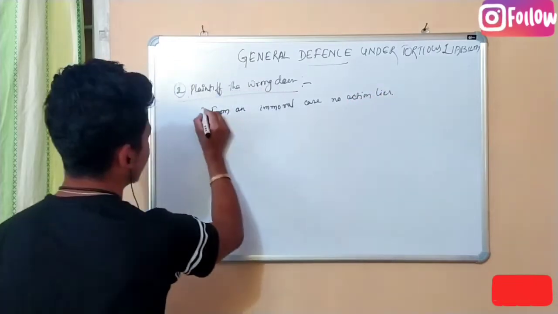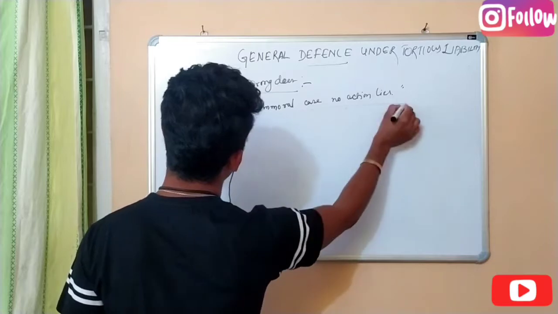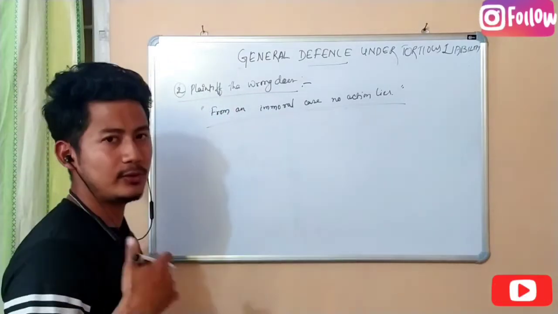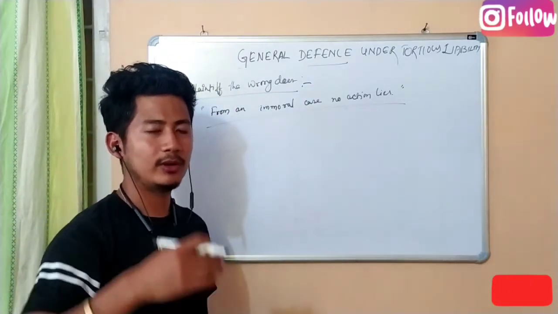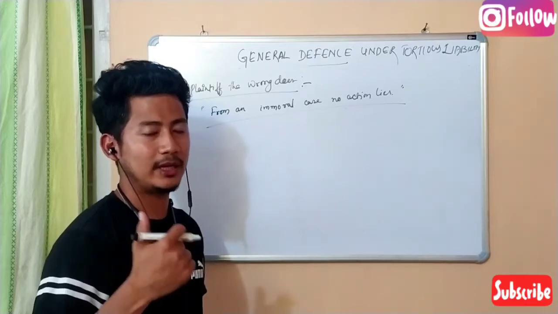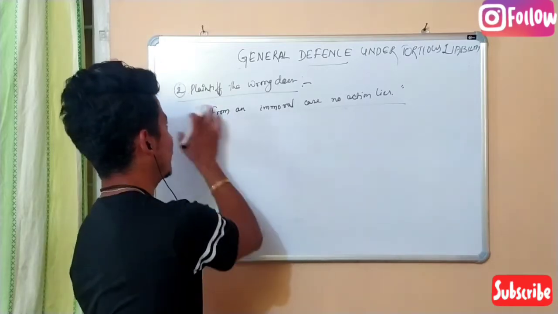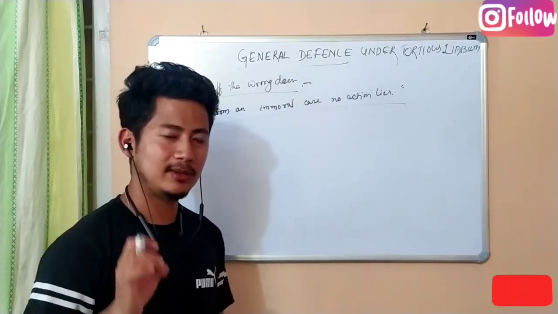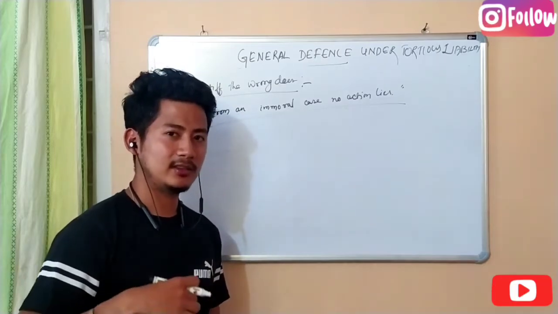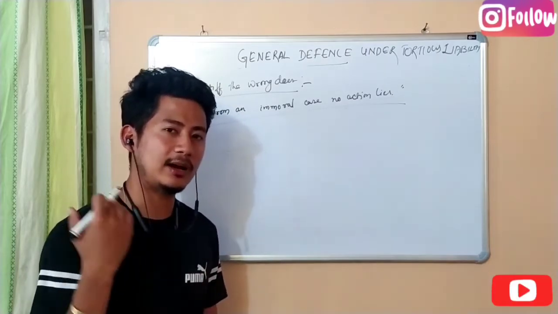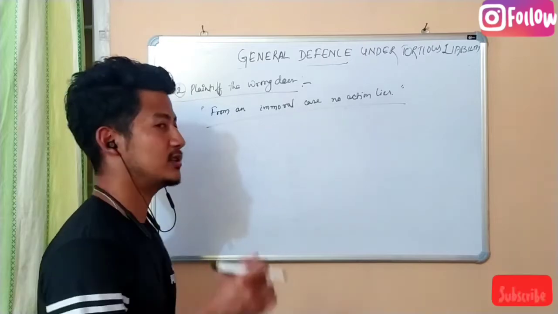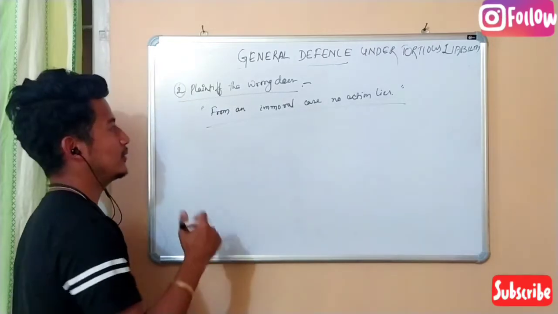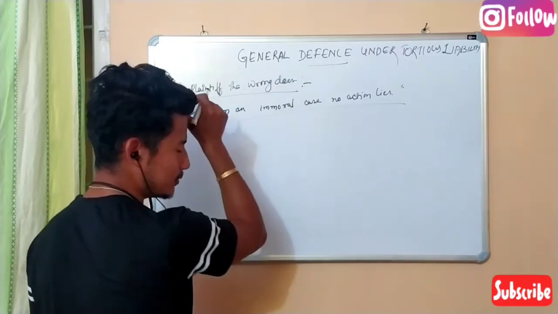This is what it means: if you are in the wrong position, you will not have the right to action. Plaintiff, the wrongdoer. If the plaintiff himself does the wrong and his wrongful activity results in harm to himself only, then in certain situations the plaintiff will not have the right to compensation or action.